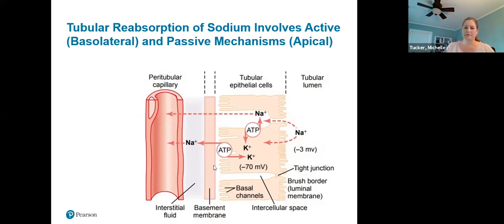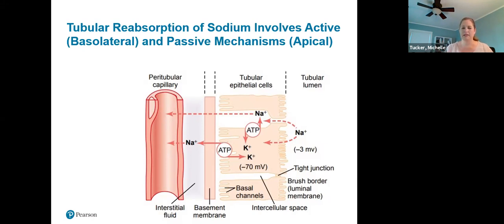At this basolateral membrane, the membrane part that's closest to the capillary, there is a sodium-potassium ATP pump. It is very, very active. That's one of the reasons why we get a very large consumption of ATP: in the tubular cells, sodium is getting actively transported into the interstitial fluid space, and then it gets sucked up into the peritubular capillary.